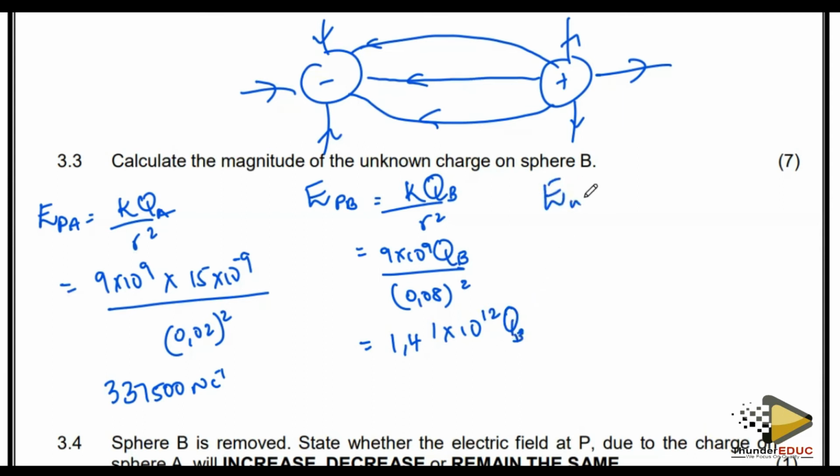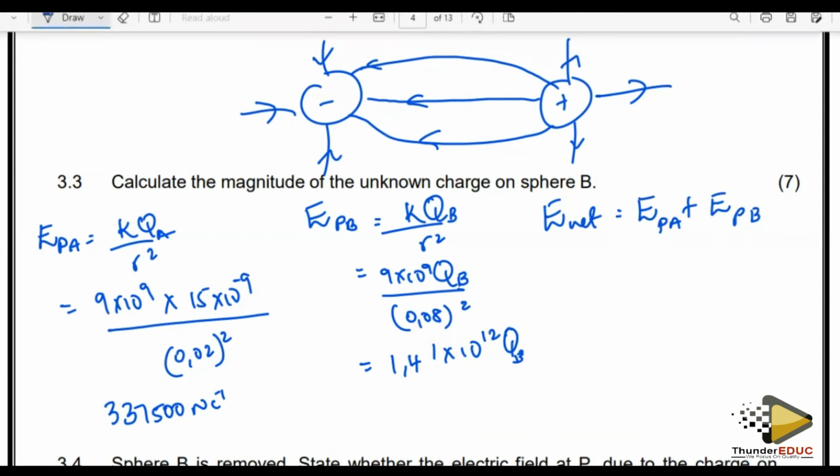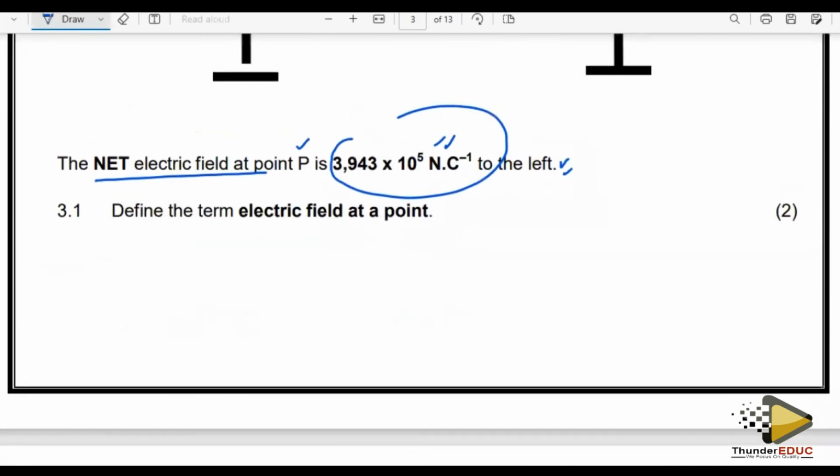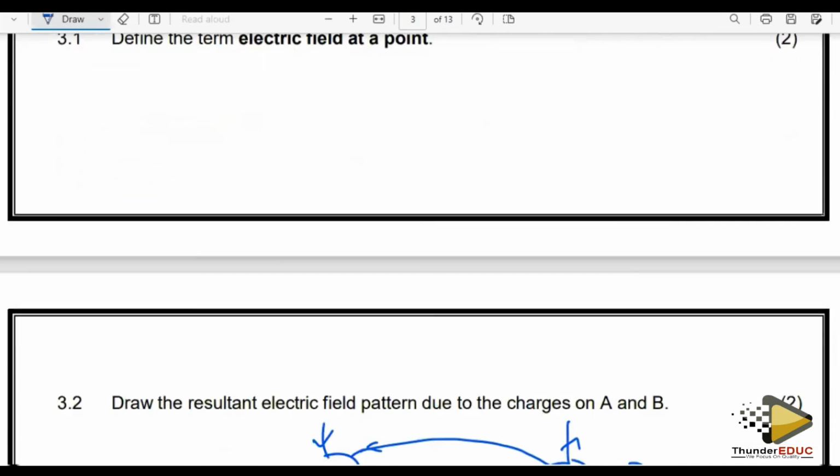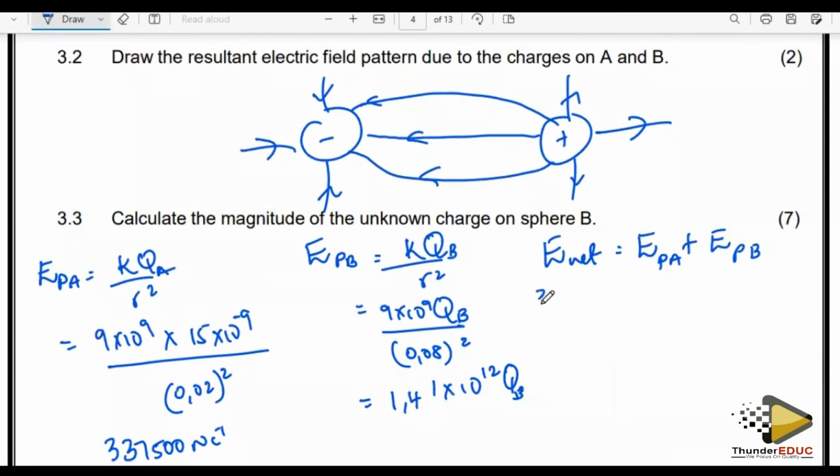Now look at our net being the same as the EA plus the EB. Now the net that they gave us was 3.943. 3.943 times 10 to the 5 is equal to 337,500 plus the 1.41 times 10 to the 12 QB.